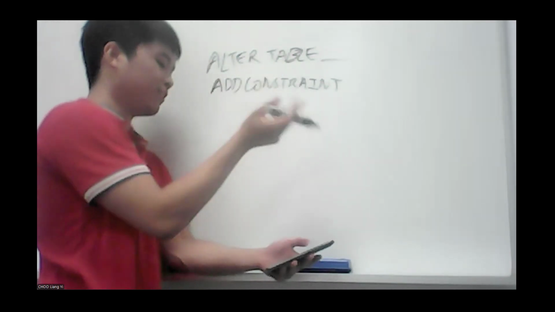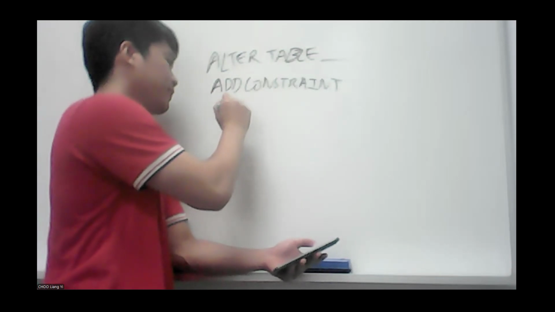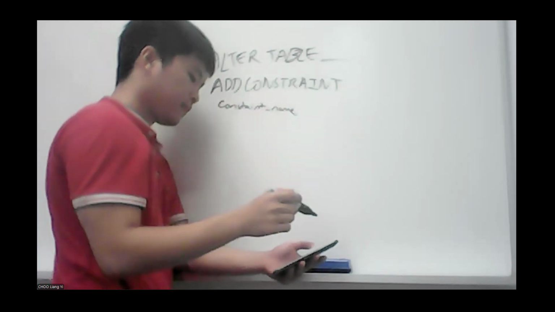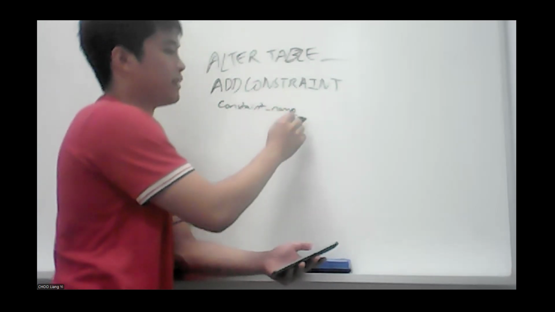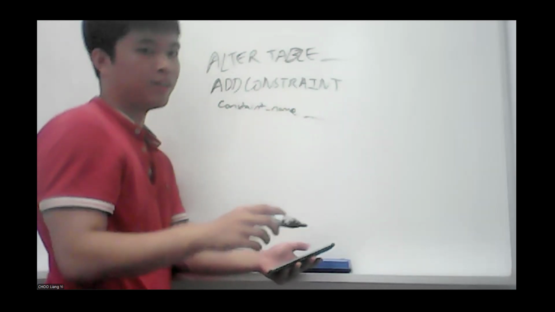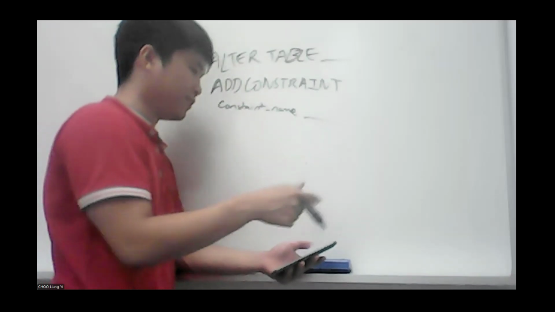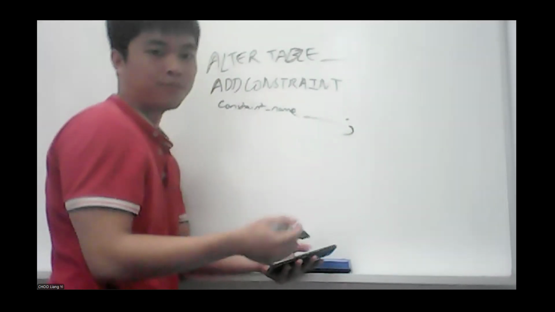Add constraint, then you put the name of the constraint. After that, what exactly you want for the constraint: primary key, foreign key, that one from the previous part. I leave it up to you. Okay, done. Don't forget the semicolon.